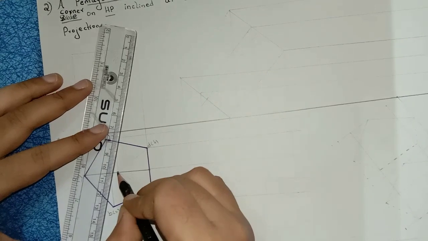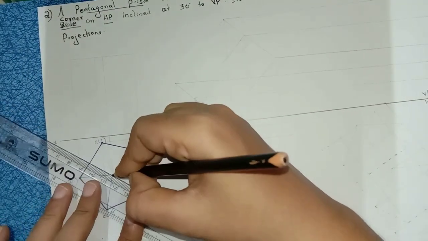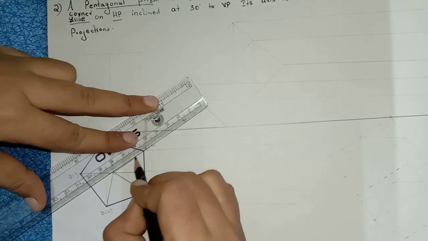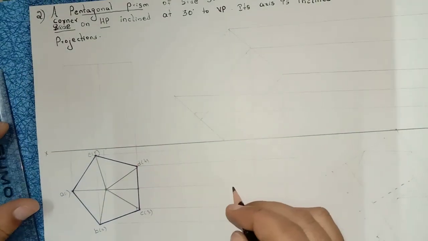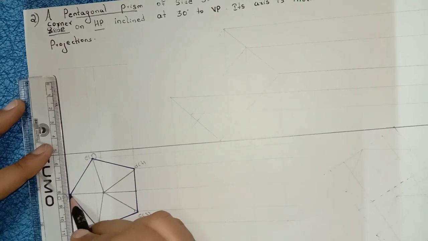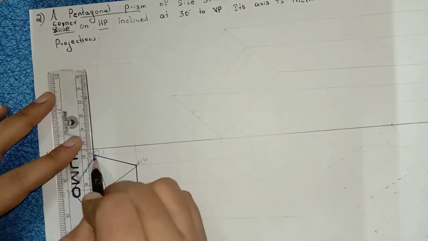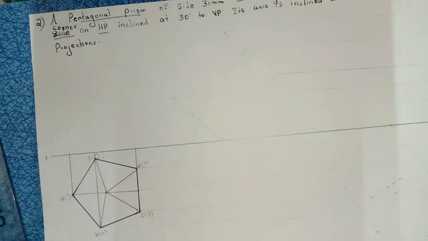Now join all these corners to that midpoint from A, from B, from C, from D and from E, right? Now after that project all the corners till reference line from A, from B, E, from C and D, right?